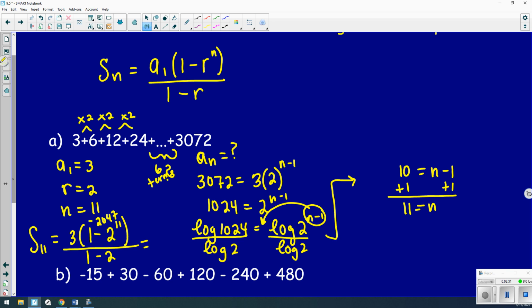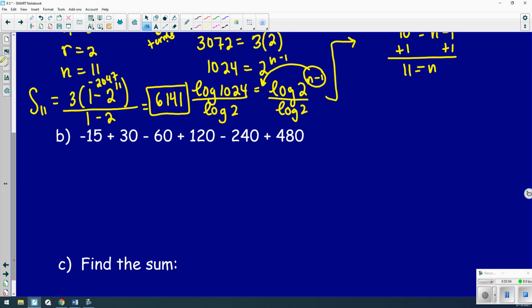And that gives me 6,141 for a final answer. 6,141 is the sum of all of the terms from 3 to 3072 in that geometric sequence.